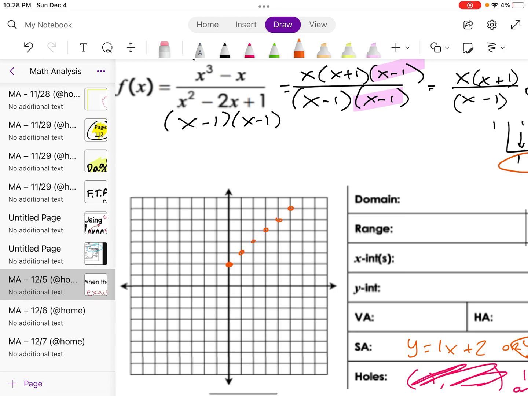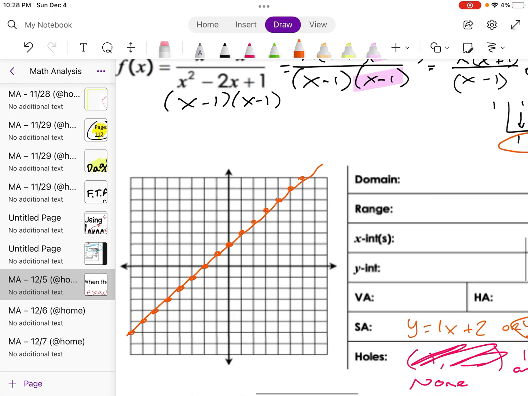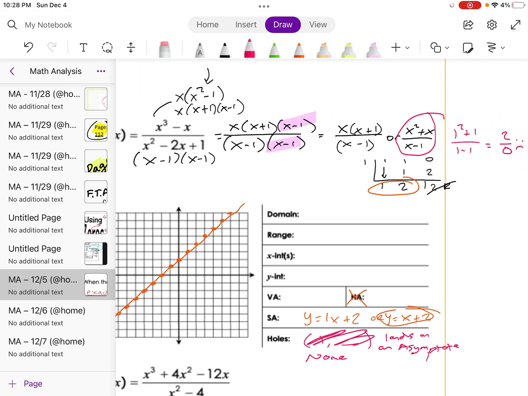Let's put that on my graph. So we've got a y-intercept of 2 and a slope of 1. So there's your slant asymptote. I'm going to have no horizontal asymptote.